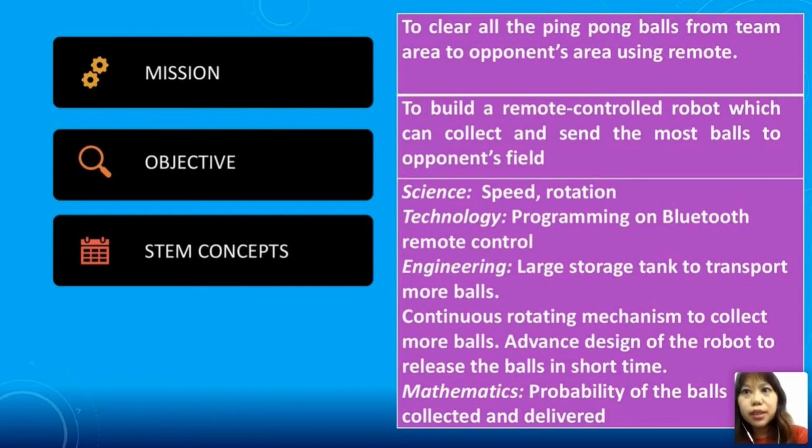In engineering, they learn how to use a large storage tank to collect most of the ping pong balls and transport them to the opponents. Students combine all these STEM concepts and use their robotic knowledge to compete with each other. In mathematics, they use calculation to work out the speed of the robot.